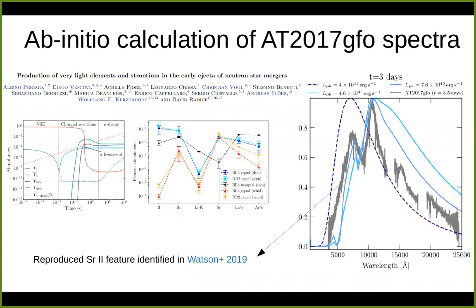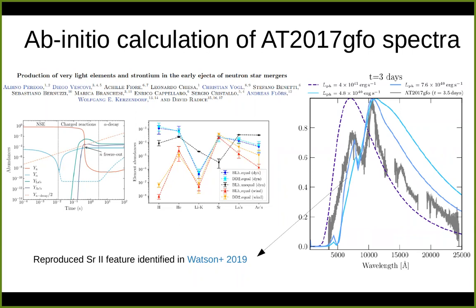We have calculated the ejecta, and we have calculated the nuclear network to see how many elements have been produced, then injected all the information into a radiation transfer code and calculated the spectra, and that's what we found. So it's pretty much matching the observation. This is completely theoretical, an example of an exercise. And we have also reproduced this feature of strontium that was identified in the actual observational data. So it's a nice cross-check of this important result.